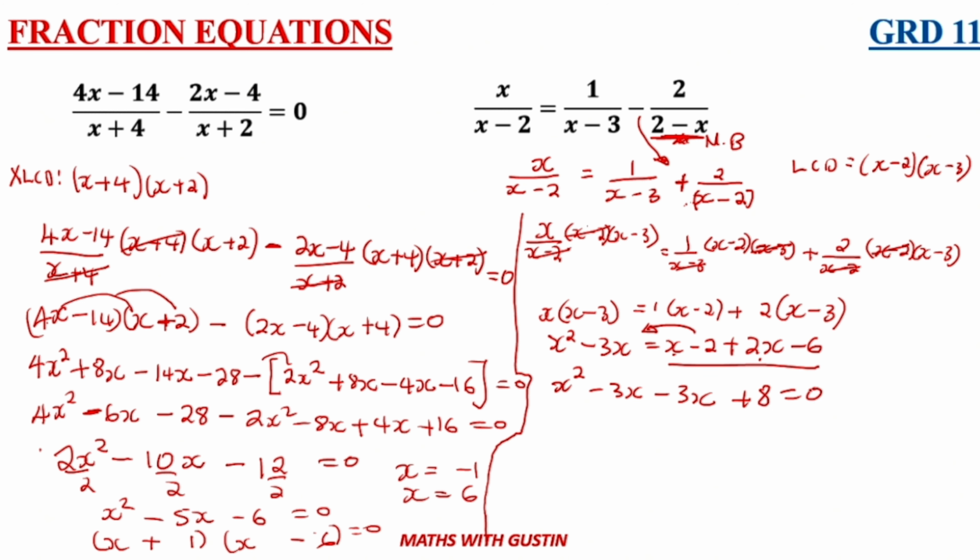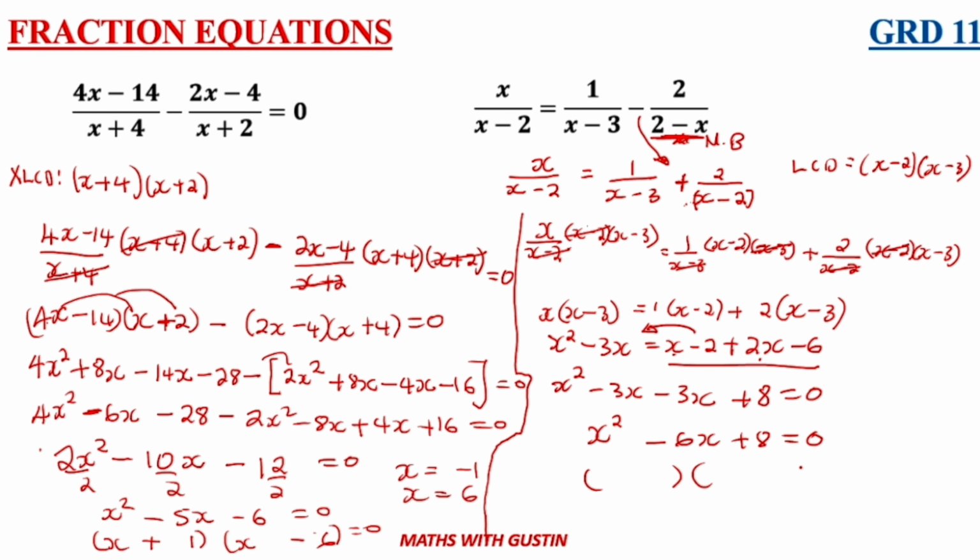It's equal to 0. So in this case, as you can see, we are left with x squared minus 6x plus 8 is equal to 0.